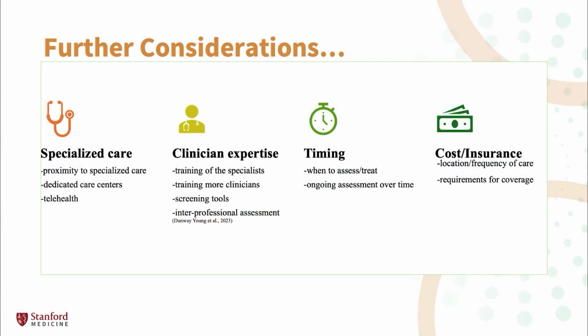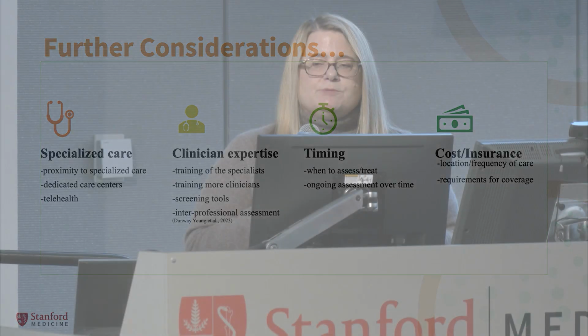And then finally, not to be the downer of this, but we do have to look at this in terms of cost and insurance. At least in the United States, the insurance company may dictate where an individual and family get their care. And not all the systems have the multidisciplinary MDA clinic or the specialist. So how do we navigate that?